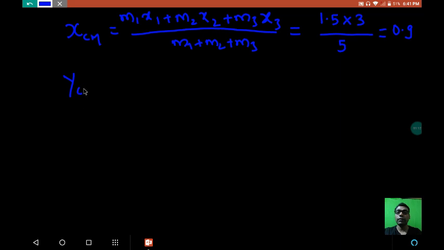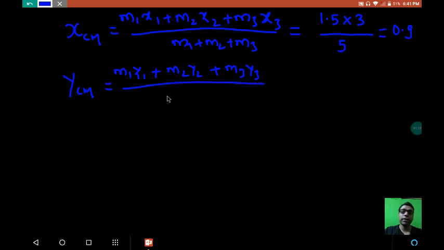Now for YCM, with the respective values, m1 y1 plus m2 y2 plus m3 y3, combined and divided by the total mass.